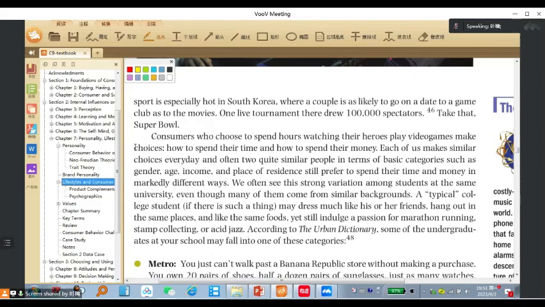Actually, these are their choices. They choose how to spend their time and how to spend their money. We make choices every day, and often quite similar people in terms of basic categories, such as gender, age, income, and place of residence, still prefer to spend their time and money in markedly different ways.